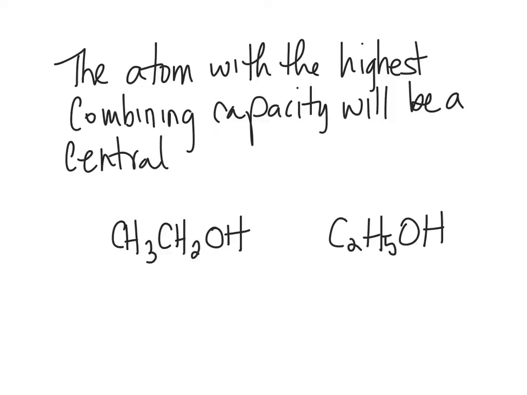Okay? So, the difference here you've got 2 carbons, 5 hydrogens, and an OH. So this formula is actually telling you that you have a carbon, then a carbon, then an oxygen.